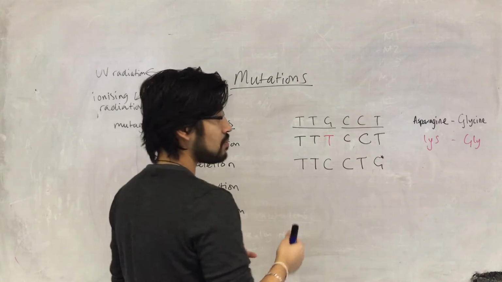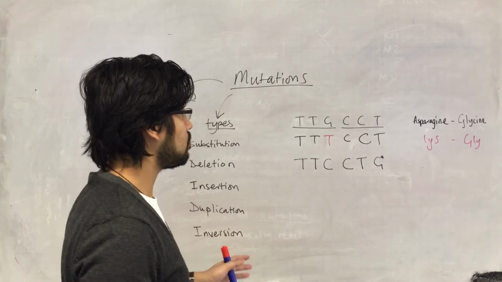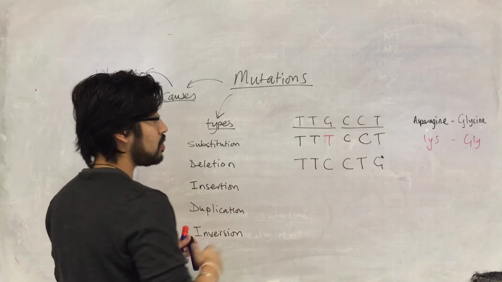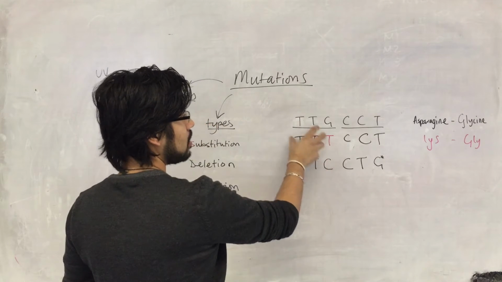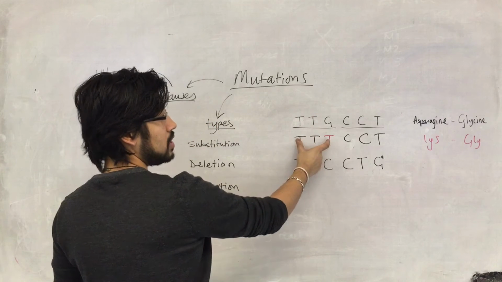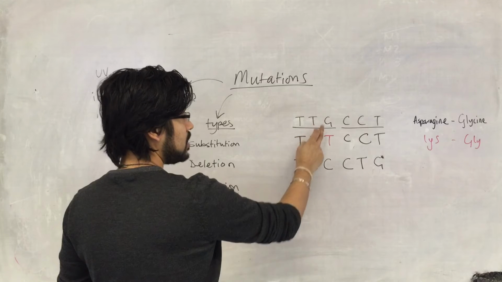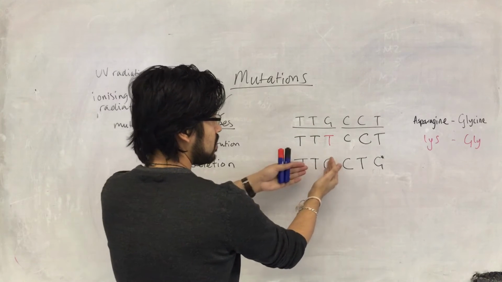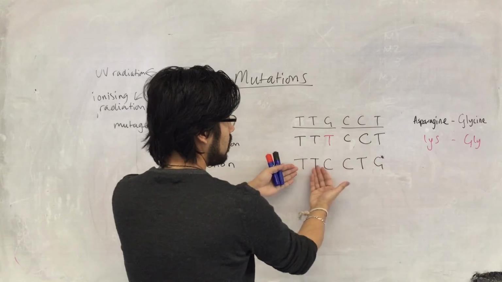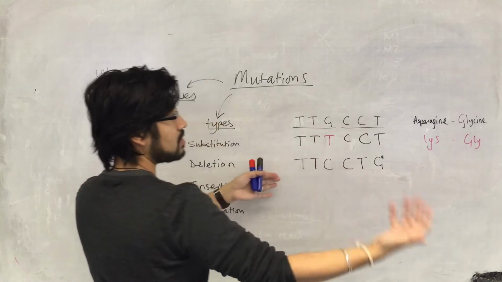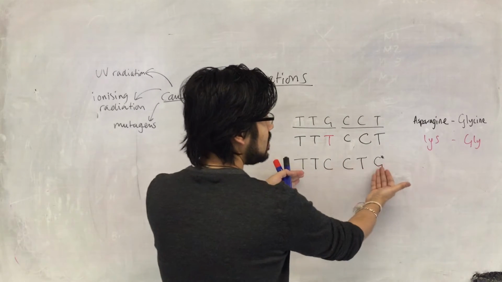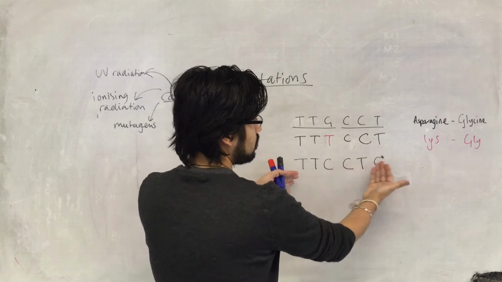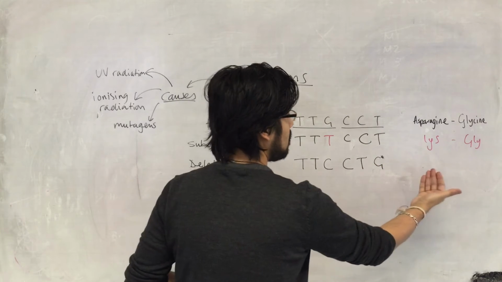So this has the potential for quite significant changes, because whereas here we only really affected one amino acid, the deletion of one base means TTC would give us a different amino acid, CTG would also possibly give us a different amino acid.